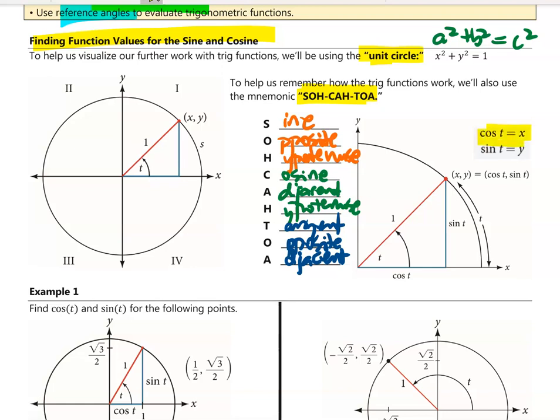Cosine of t is x and sine of t is equal to y, and this is angle t here. So the xy coordinates is equal to cosine t, sine t.